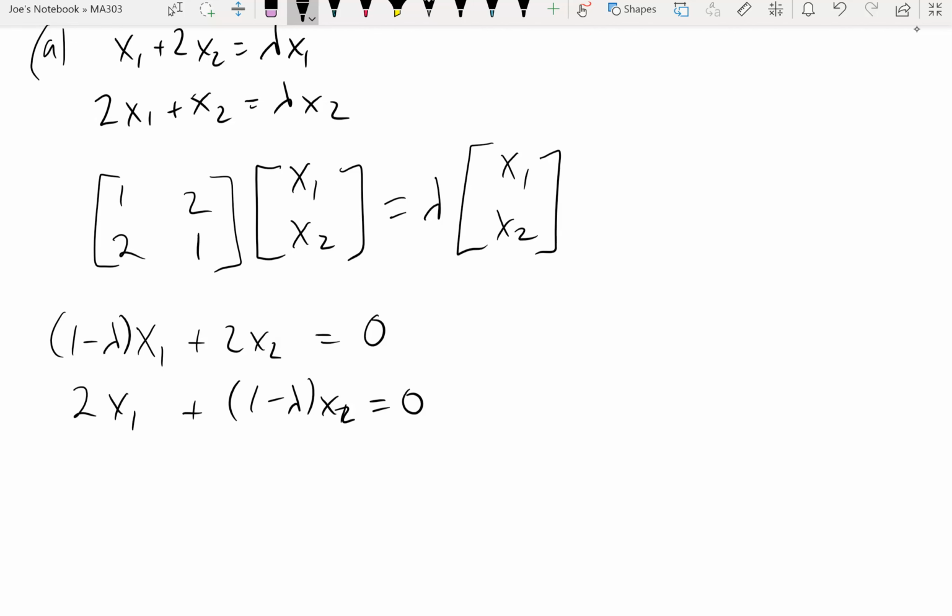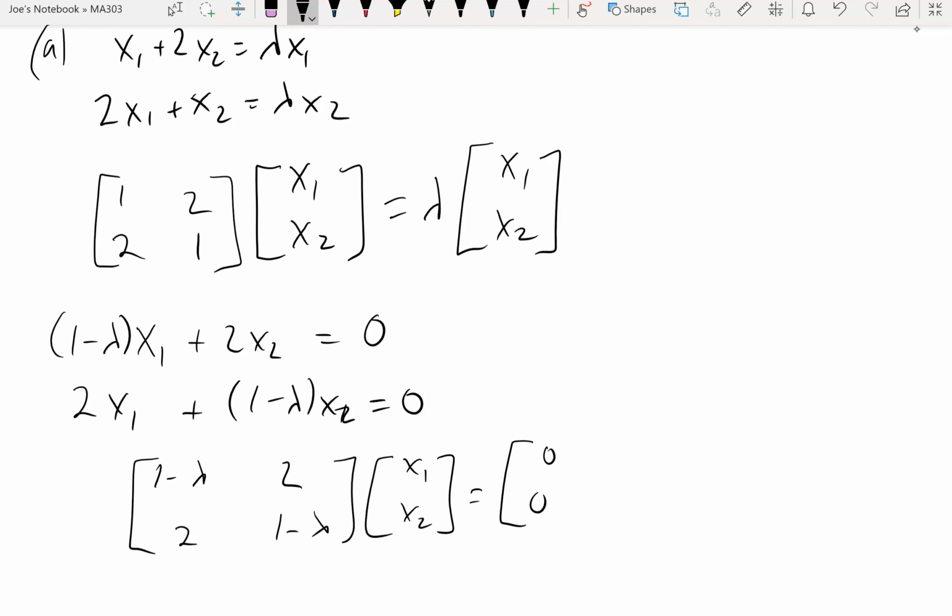All right. So if we make this into a matrix equation again, we just would pull off the coefficients and make it a matrix. The only difference is now on the right-hand side, we would have the 0, 0 vector.